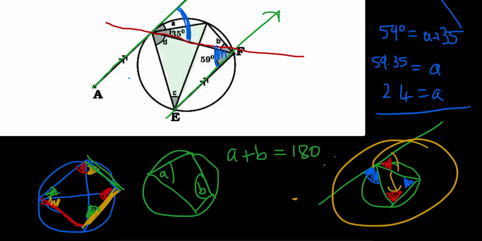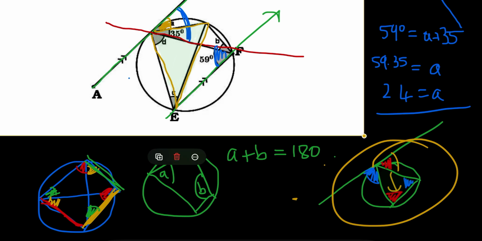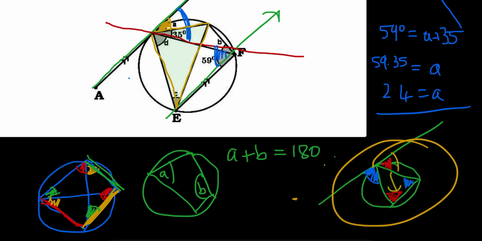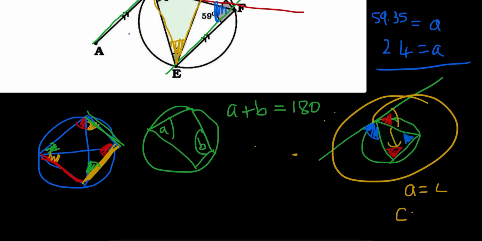So this is the triangle, like this triangle in the small picture. This line here, between the tangent and this triangle, the angle is also equal to C. So this tells us that A equals C. So then C is also 24.